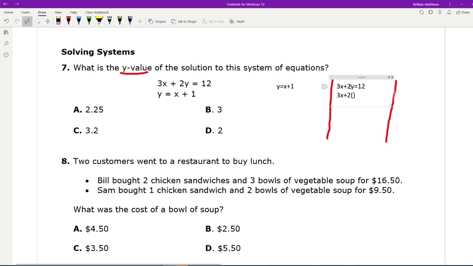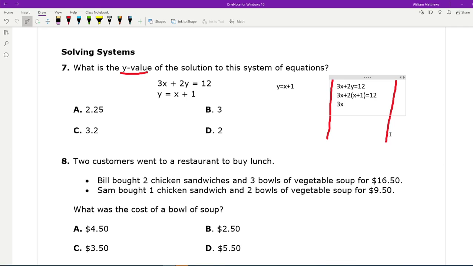Remember when we replace by multiplication, I need to show that I'm multiplying by putting it in parentheses. Now from here, we only have one variable type in this whole equation, which means that I can solve for a value. I can get the x variable equal some value.